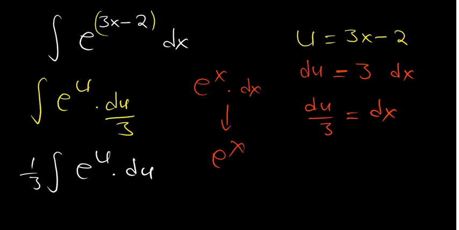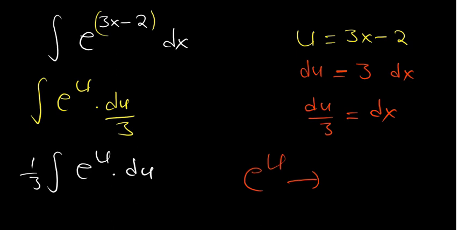Integration, differentiation, it will still be the same. The basic idea that you should know is, if you have e to the power u and then you're integrating, it will still be e to the power u. Just know that. Differentiation as well, it's still the same.